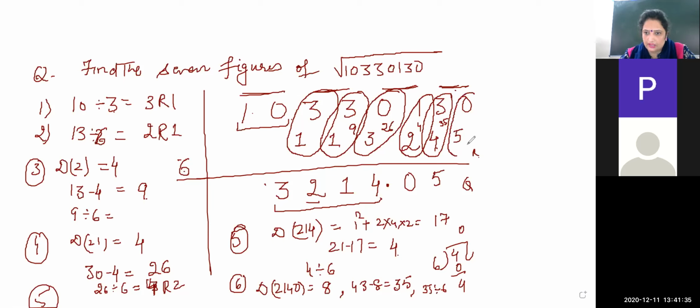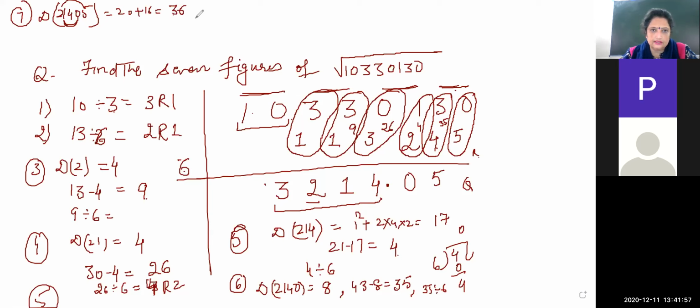Now the next number in the category is 50. Step number 7. Duplex of 21405. 2 5s are 10, 10 2s are 20, and this 0 becomes 0, and plus 16, that is 36.